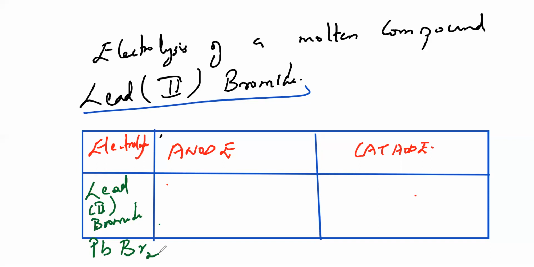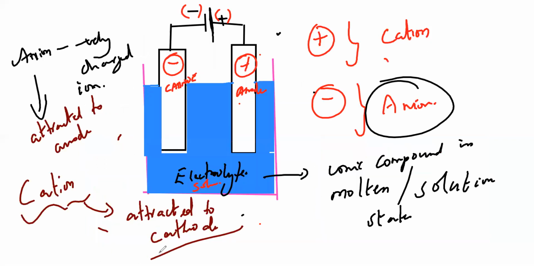So if you want to understand this, we have to draw the same diagram, cathode and anode here. But what is my electrolyte here? Here it is PbBr2.